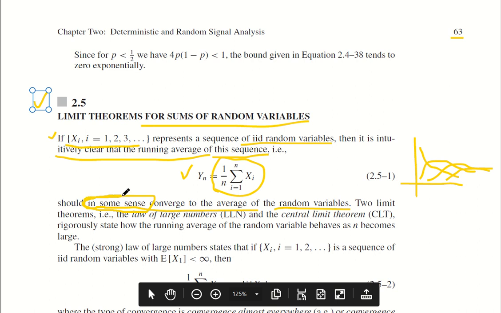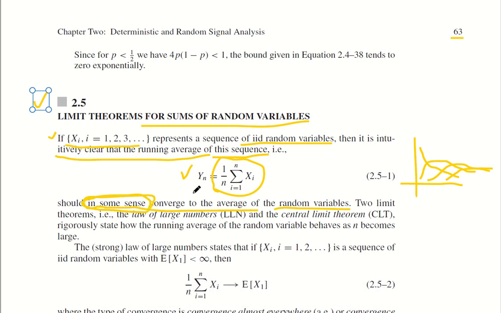It's not mathematically accurate, but in a sense we approximate that this average converges in some sense, but not accurately. Okay, so this is what we should understand, and the larger the numbers, the closer it is.